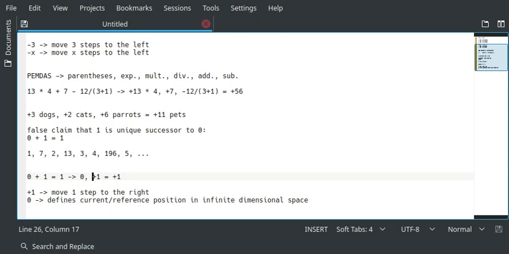So, to move one step to the right, you have to start at 0 anyway, so nothing happened here. All we're saying is that this thing is identical to itself. Because 0 isn't a number. Also, positive 1 isn't a number. Positive 1 is a vector already.